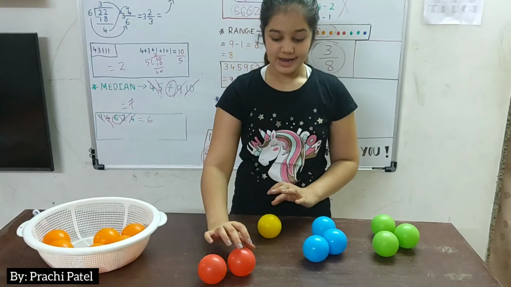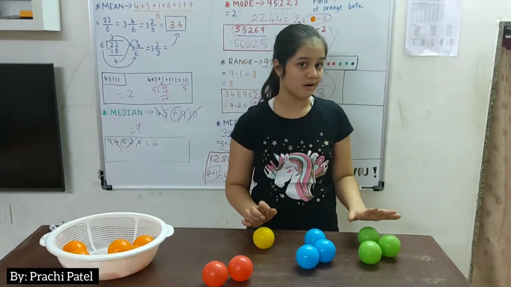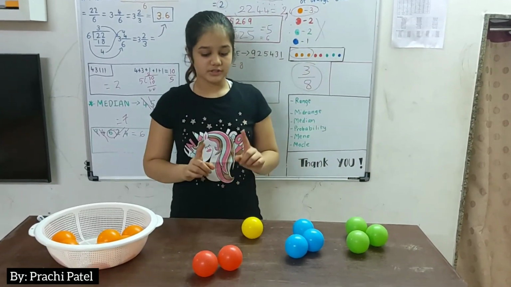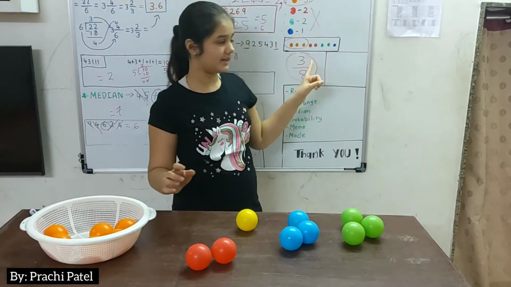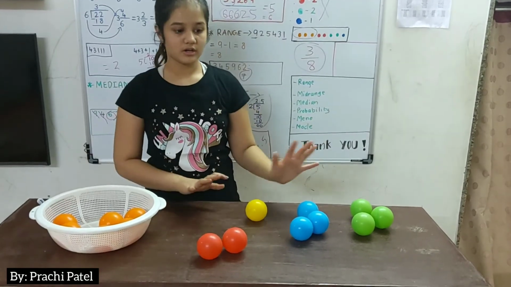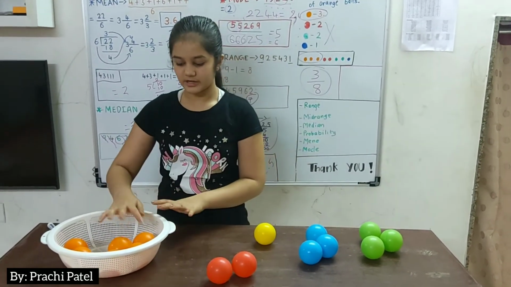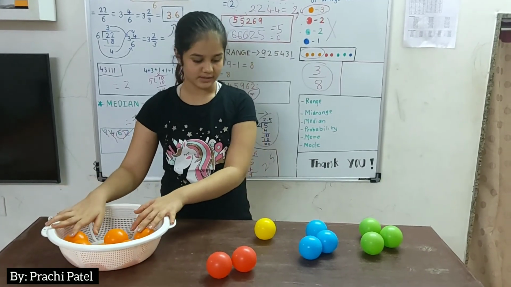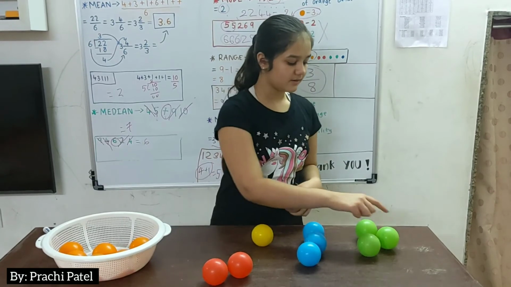Now I am asking you to find the probability of the green balls. Okay. So first of all, we need to count the total, which we did over here, and which came to 8 in this. So we need to find the total of all balls on this table. So we have 1, 2, 3, 4, 5, 6 balls over here, 7, 8, 9, 10, 11, 12, 13, 14, 15.